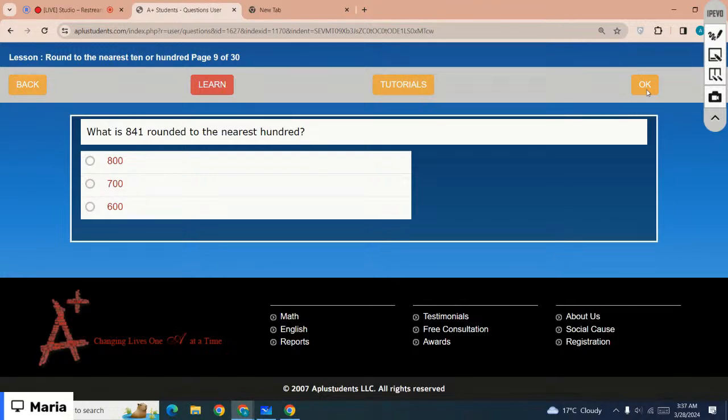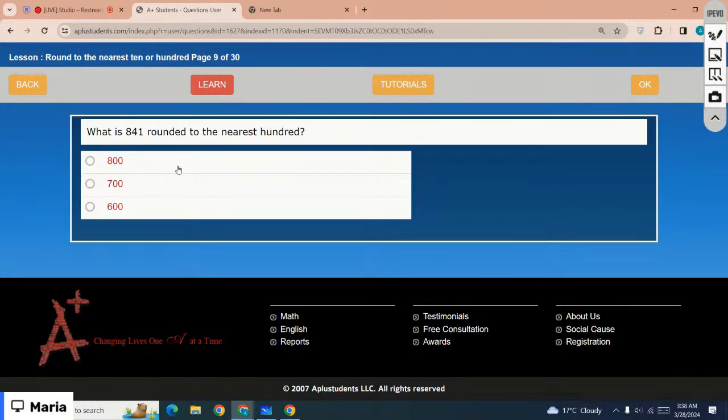What is 841 rounded to nearest 100? The correct option is 800. 841 is rounded off to 800.